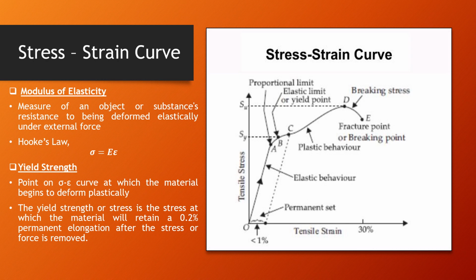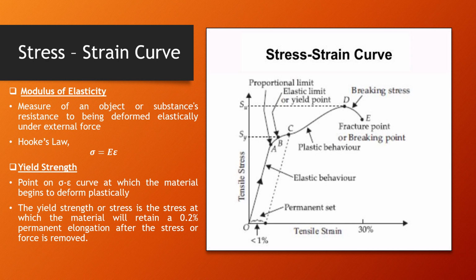Now, yield strength. Yield strength is the point on the stress and strain curve where you'd have permanent deformation or plastic deformation. If you go beyond the yield point, you'll start seeing plastic deformation in your material. The yield strength is the stress at which the material will retain at least 0.2% of permanent elongation after the force or the stress is removed.